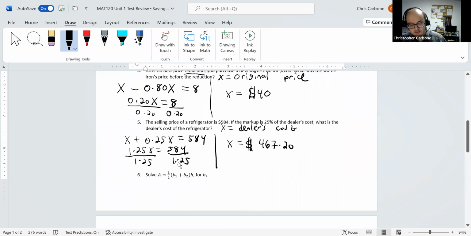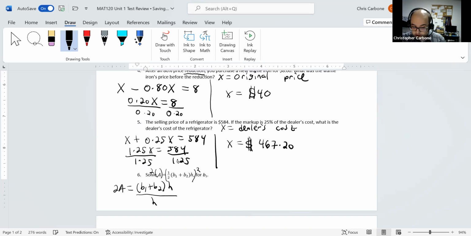And for question number 6, solving A is equal to 1/2 times (b sub 1 plus b sub 2) times h for b sub 1. We're going to multiply both sides here by 2. So 2A is equal to b sub 1 plus b sub 2 times h.